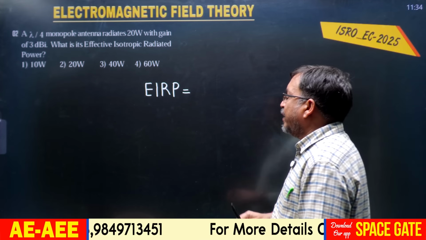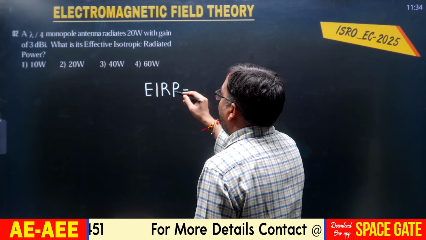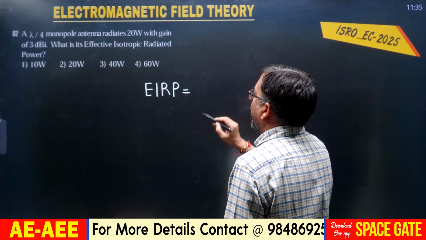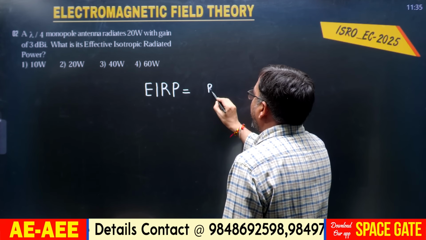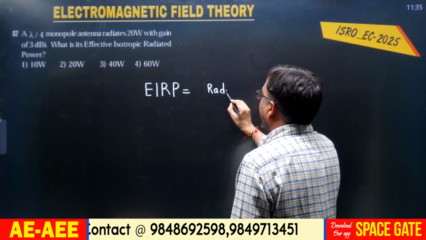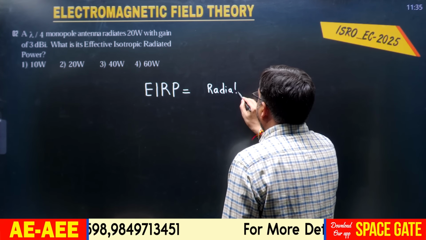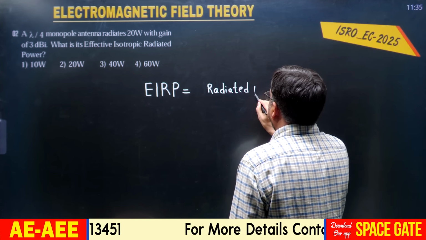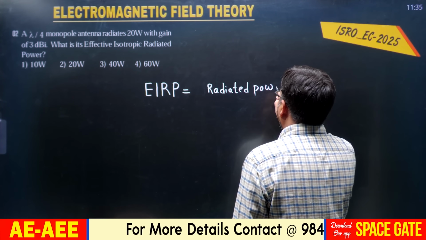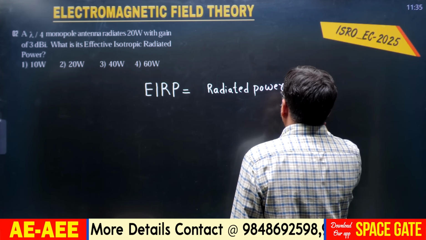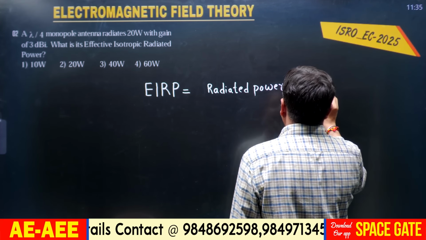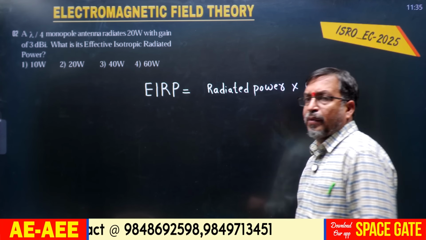So what is the effective isotropic radiated power formula? It is radiated power into gain of an antenna. This is the formula.